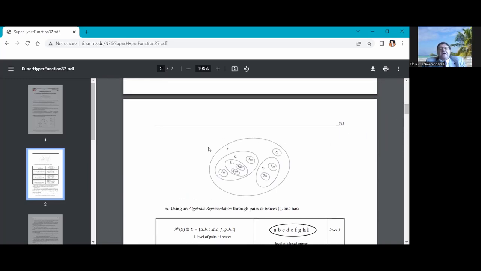This is the big system, the first one, which is formed by 3 subsystems.